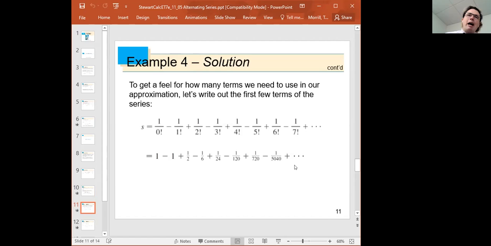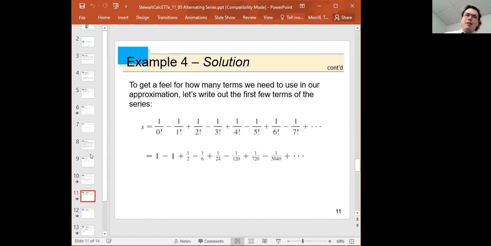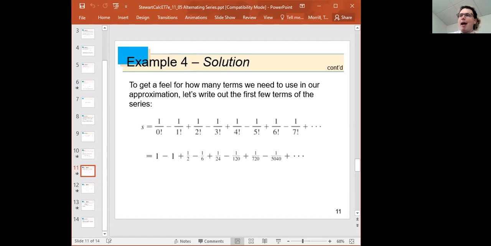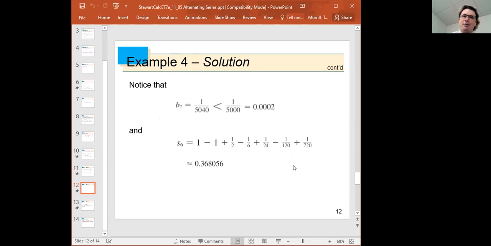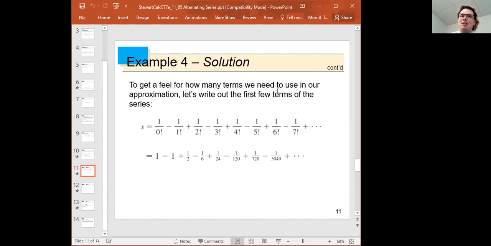How far do I have to go out to have the value of the limit correct to 3 decimal places? Well, if I stop at n equals 6, I will be off by the 7th number in my list.